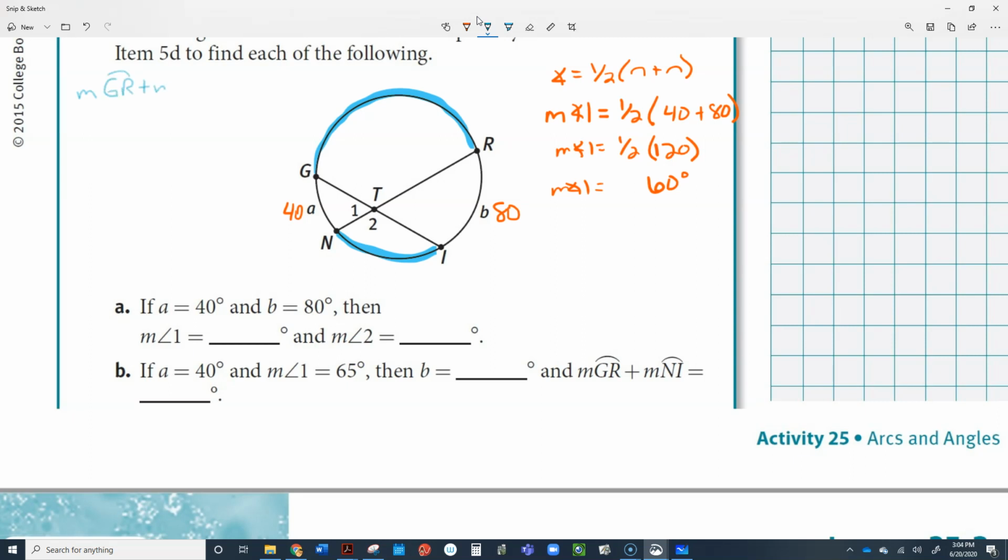So the measure of arc GR plus the measure of arc NI is going to equal whatever's left when we take 360 and take 120 away, because it's the rest of the circle. So 360 minus 120, that's 240 degrees. So we know that GR plus NI equals 240 degrees.